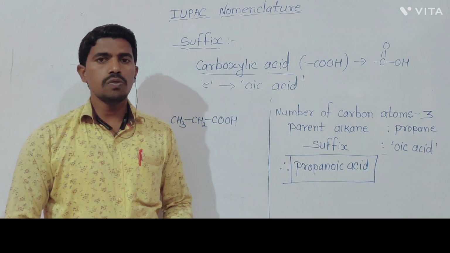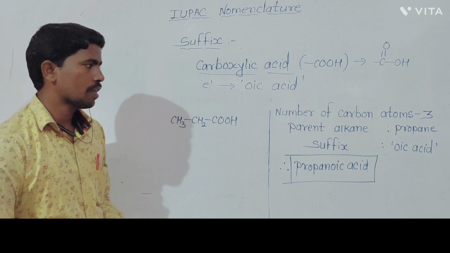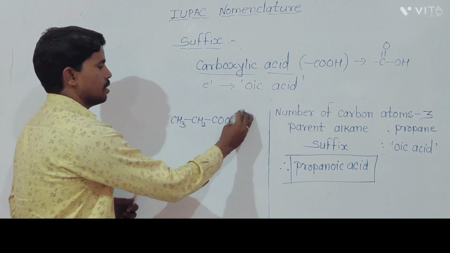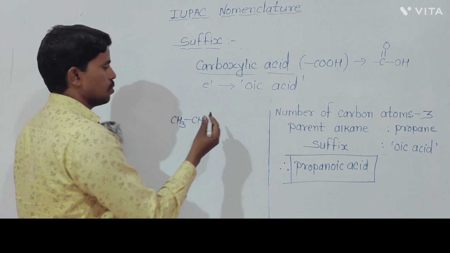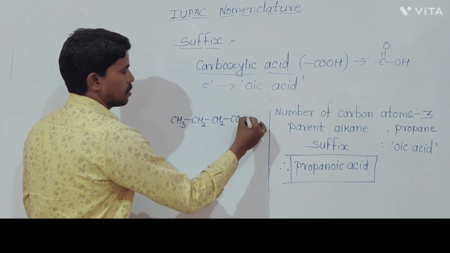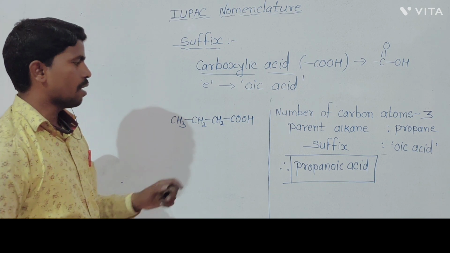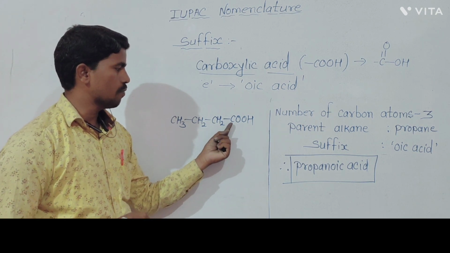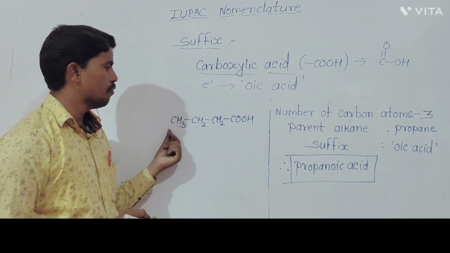Okay. After this, we will see one more example of carboxylic acid, that is CH3CH2CH2COOH. Here, the number of carbon atoms is 4. First, second, third, fourth.